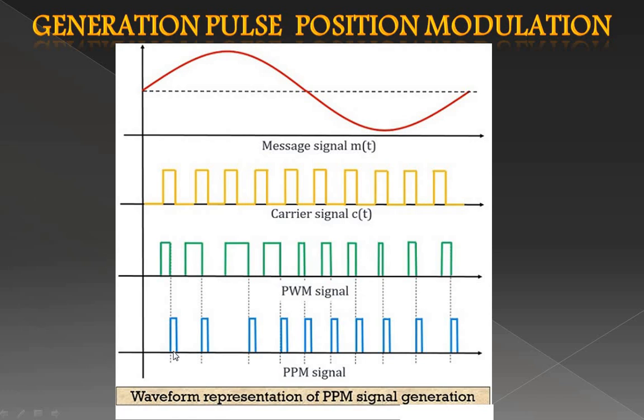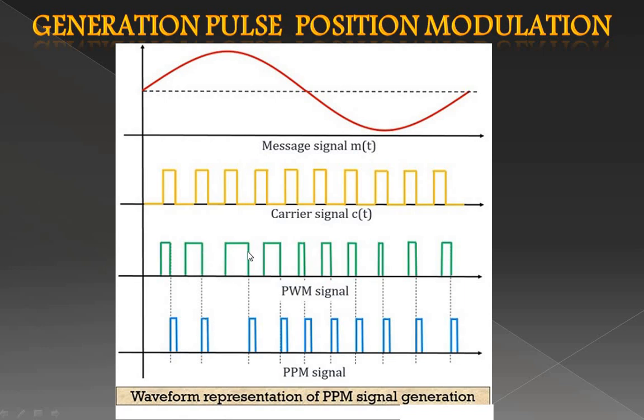So I got a signal over here. When you have the peak, your value has increased, and my position again I have changed. It completely depends upon this reference signal. So whenever you are going to generate a pulse position modulated signal, you have to have a pulse width modulated signal as a reference. Then at the trailing edge your position is changed.